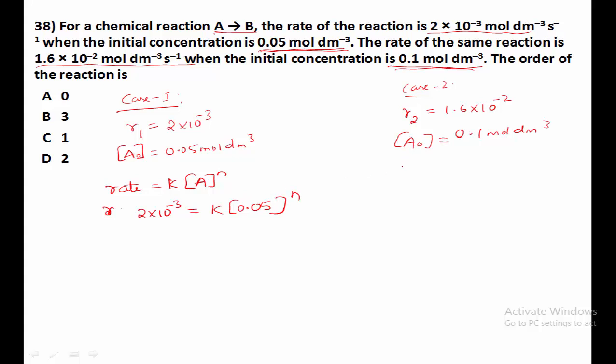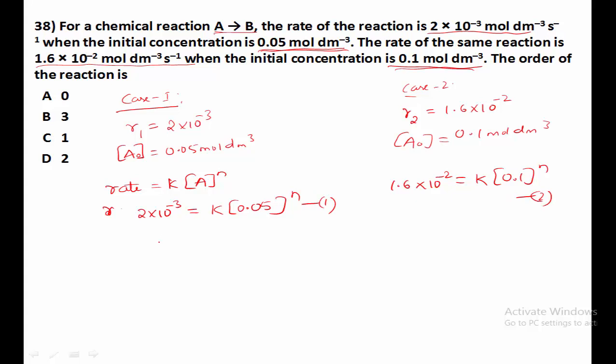And for the second case, the rate is 1.6 into 10 raised to minus 2 is equal to K into 0.1 raised to n. Call this equation 1 and this one equation 2.